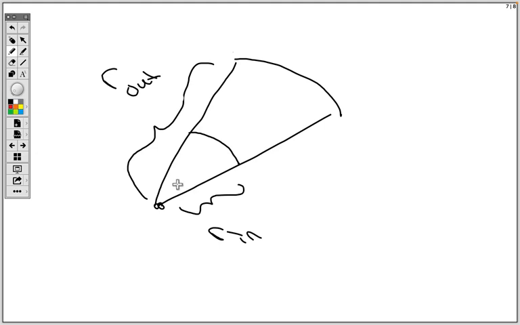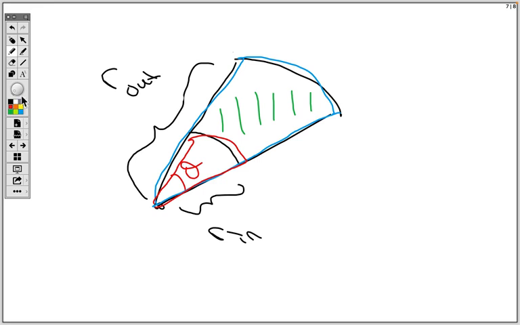Then if I'm looking for the area of this part, I can take the area of this whole wedge and just subtract off the area of this little piece right here.